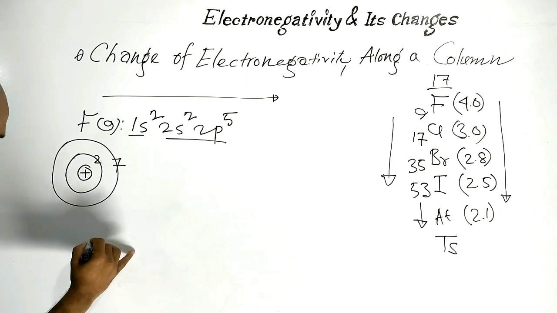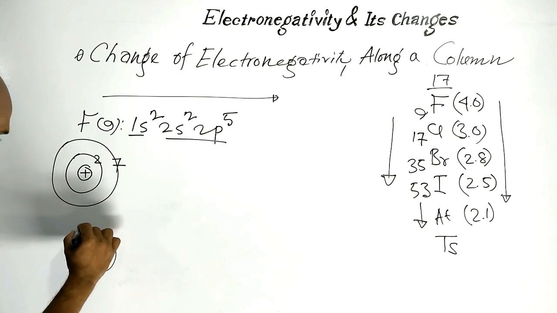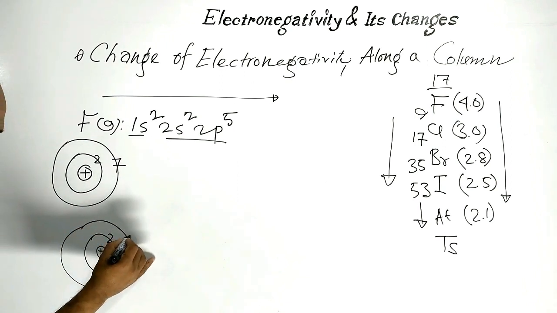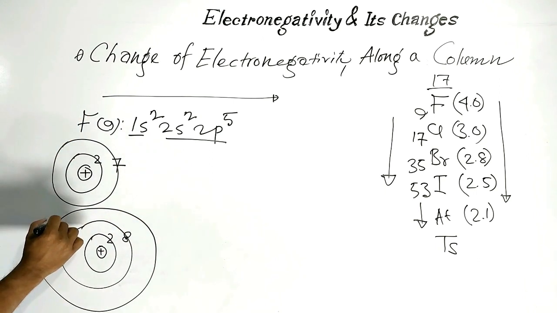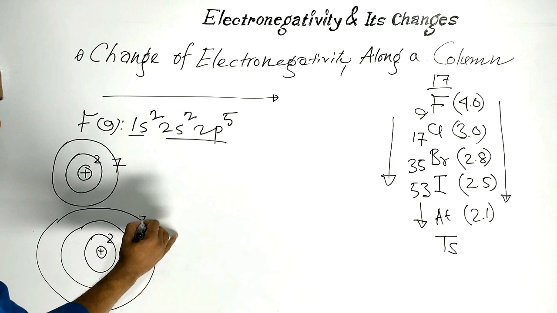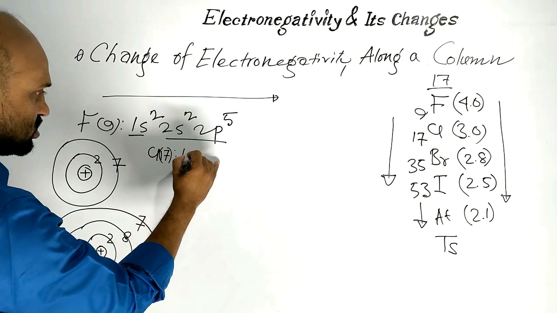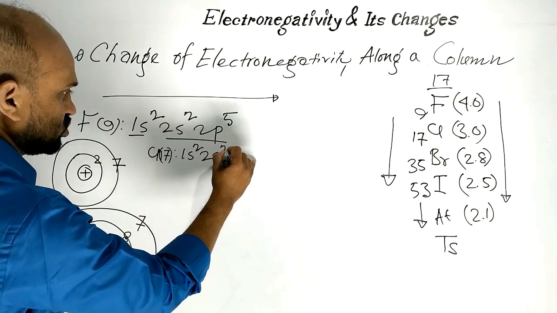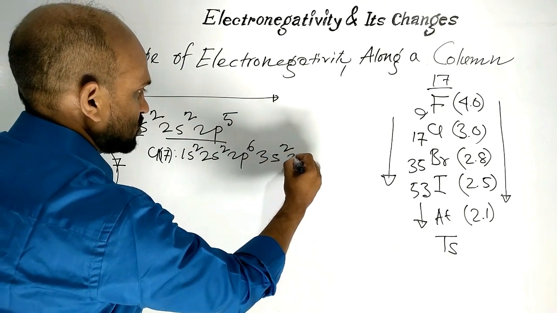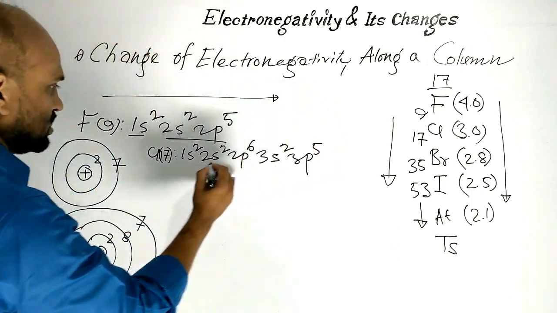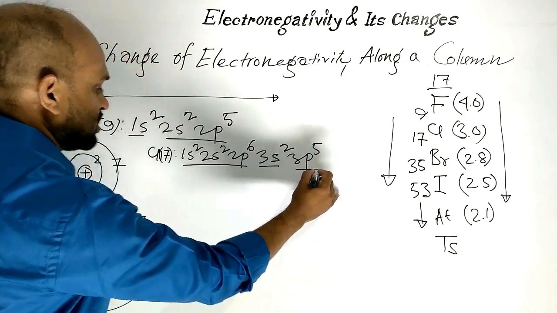In the nucleus of chlorine, the first shell contains 2 electrons, the second shell contains 8 electrons. In the case of chlorine, the third shell contains 7 electrons. Chlorine 17: 1s2, 2s2, 2p6, 3s2, 3p5.